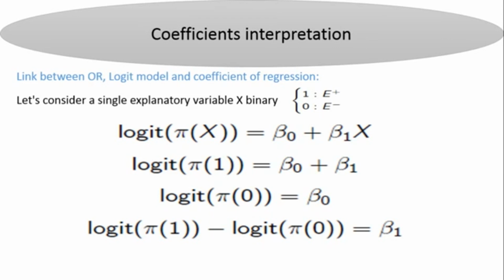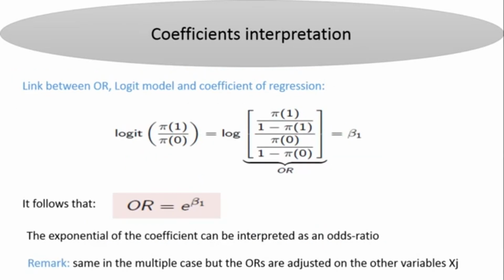The difference between the logit of the probability of the first modality of our explanatory variable and the logit of the probability of the second modality is equal to beta 1, so that the logit of the ratio of the odds is equal to beta 1, and we obtain our odds ratio as the exponential of beta 1, so that the exponential of the coefficient can be interpreted as an odds ratio.